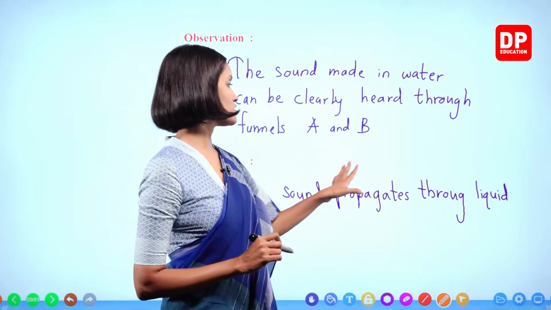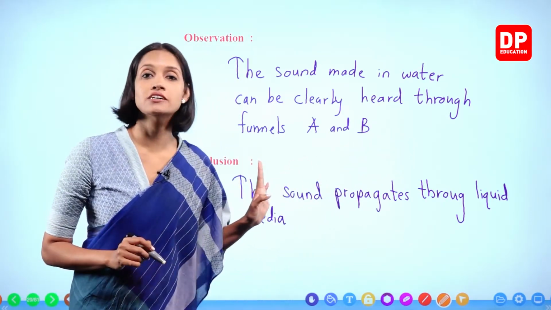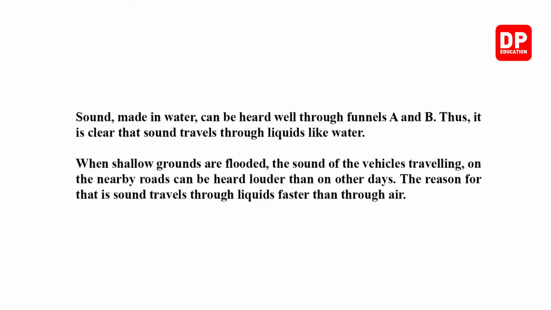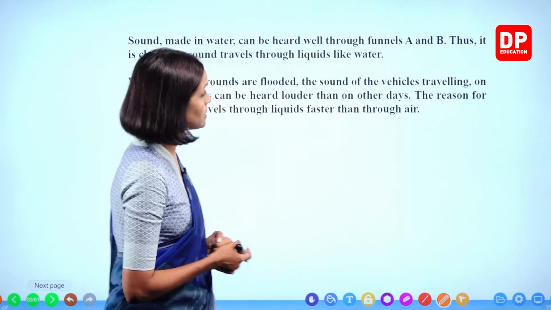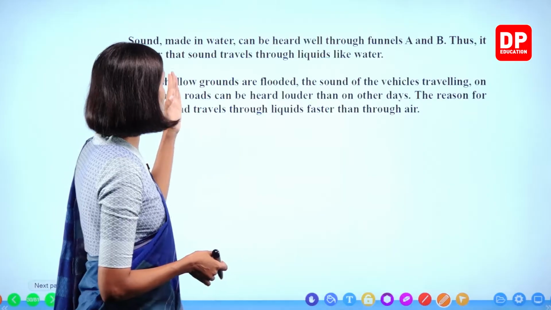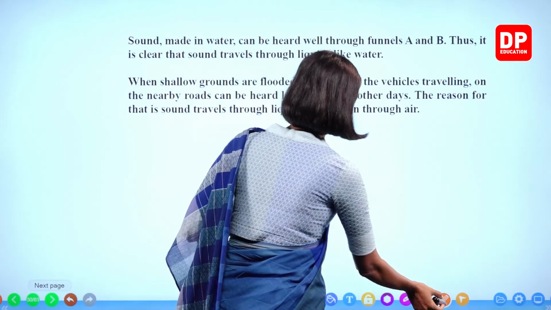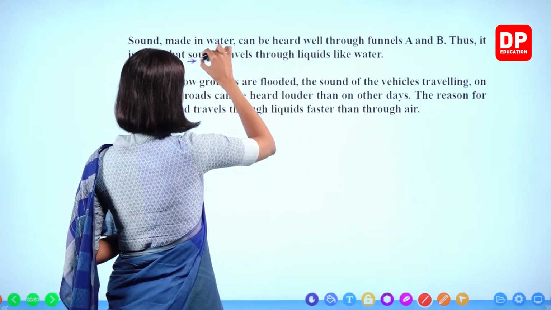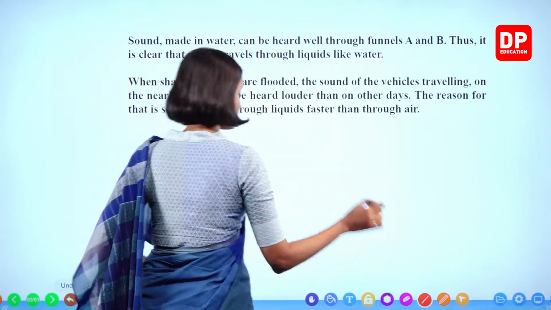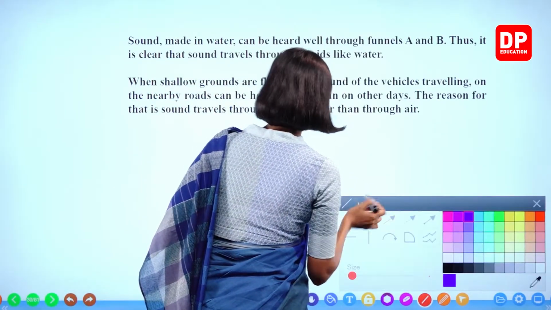Right? The sound propagates through liquids or liquid media. Okay? Right. Here the same thing. Sound made in water can be heard well through funnels A and B. Thus, it's clear that sound travels through liquids like water.